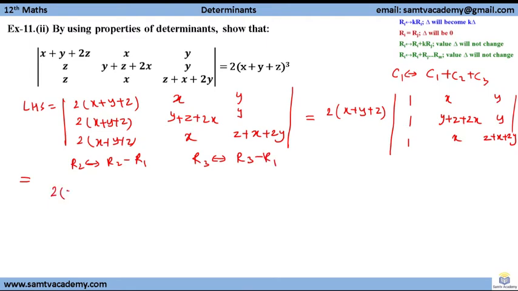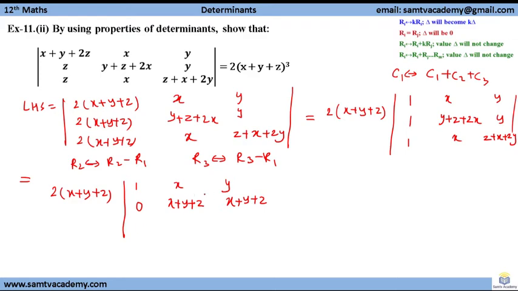So we are having 2x plus y plus z, and if we apply these 2 steps, the first row will remain the same. In the next step, first this will come 0, and if we subtract x from this, here we will get x plus y plus z, x plus y plus z. And in the last step, if we subtract this from this, here also we will get x plus y plus z.